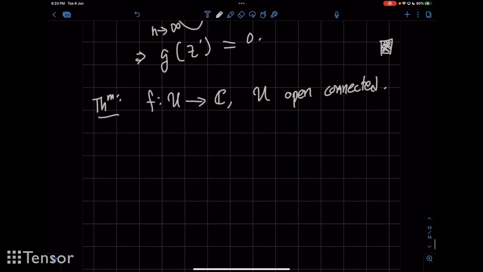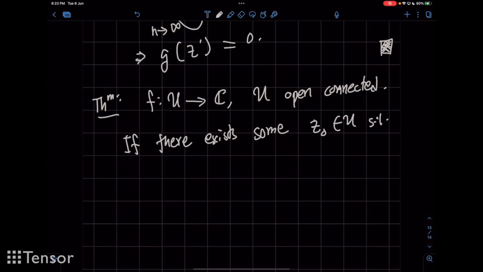And if there exists some z naught inside U such that the nth derivative of f at z naught is 0 for all n bigger than or equal to 1, then f is constant.